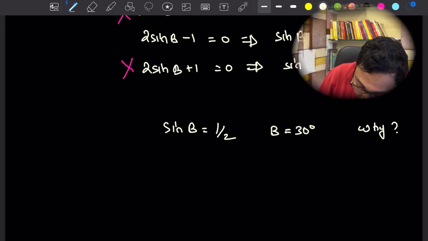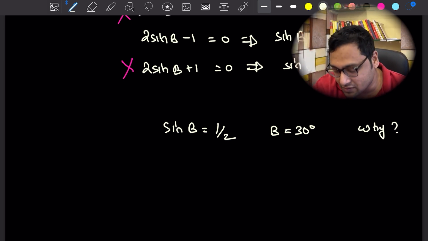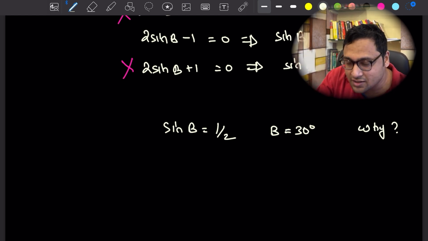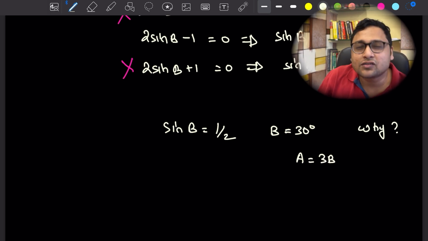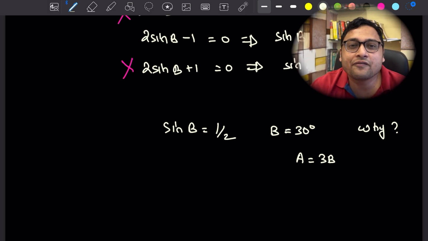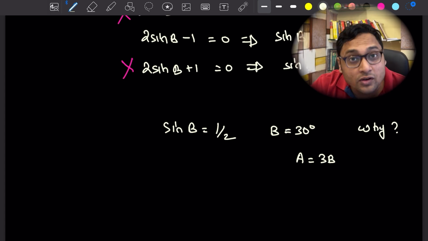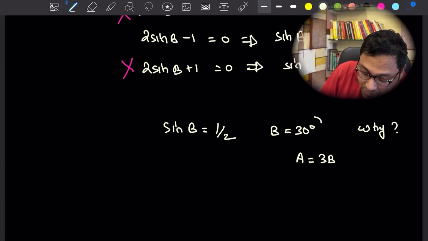Because the other value of b that is possible is too large, because a is equal to 3b. So if b itself is obtuse, then a will be larger than 180 degrees, which is not possible. It's an angle of a triangle. So we have to take b equal to 30 degrees.